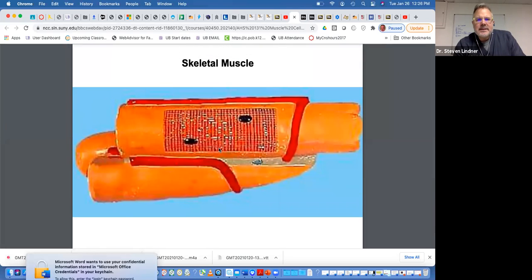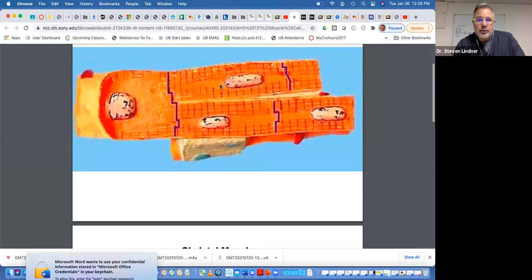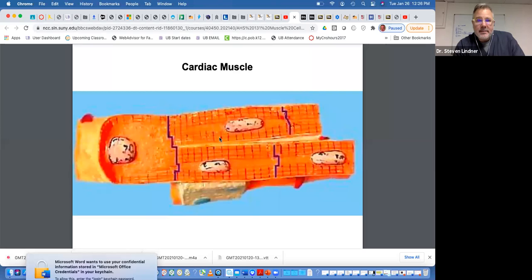When we look at skeletal muscle, what gives it its striated appearance is actin and myosin protein filaments. As light passes through the microscope through those protein fibers, it gives it a very linear striated type of appearance. The same thing is true with cardiac muscle.